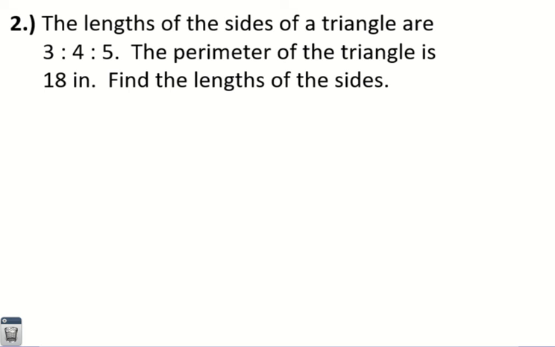So it does mean that one side is 3 times something, and one of the other sides is 4 times the same something, and then that largest side is 5 times the same something. You know what I mean? Like if that something was a 2, you could have a triangle that has sides of 6, 8, and 10, and they would be in this ratio.